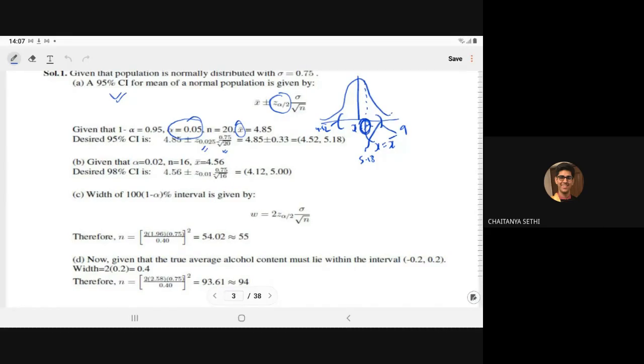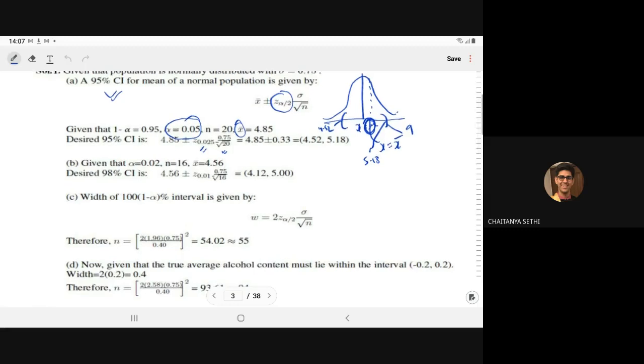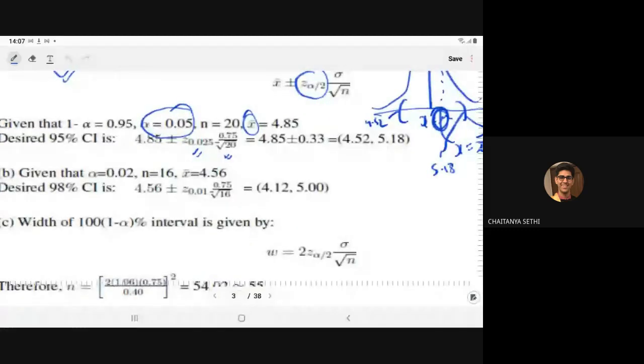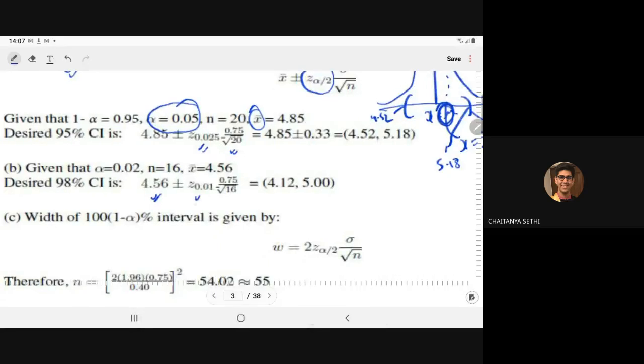This will give alpha equal to 0.02, or alpha by 2 as 0.01. So this will become 4.56, the sample mean, plus minus z of 0.01 into sigma upon root 16. So this will be 4.12 and 5.